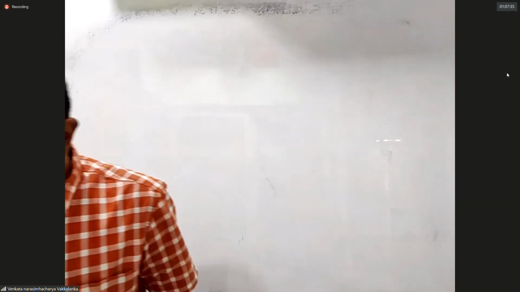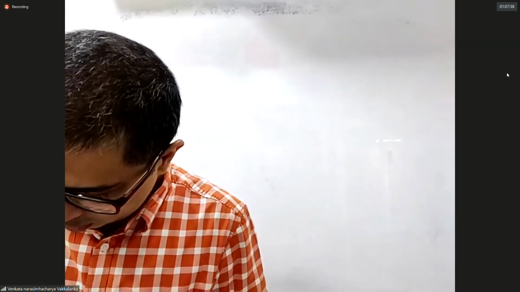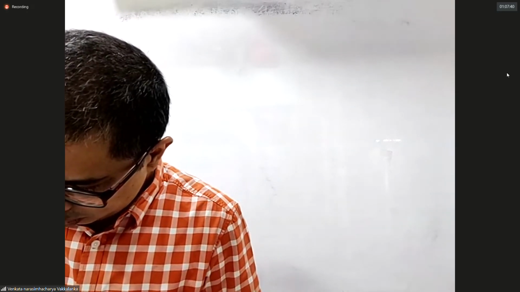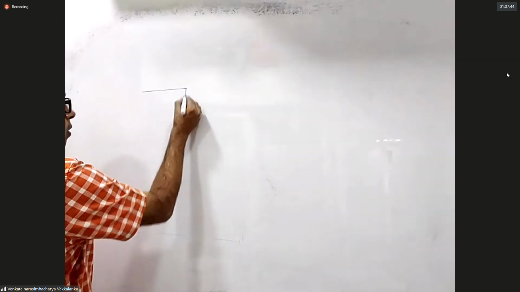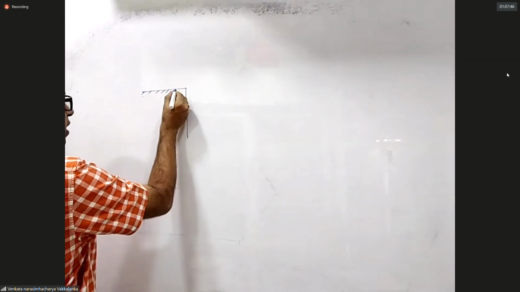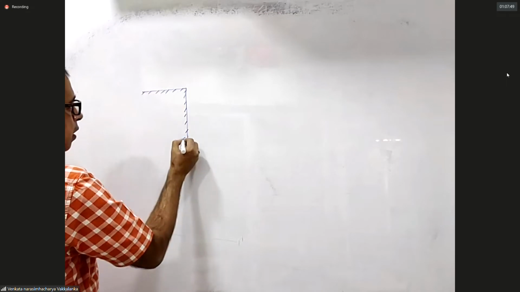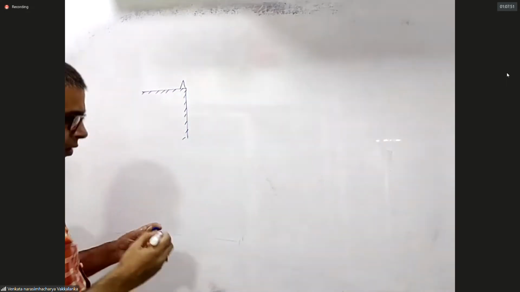Okay. Now just for practice, I'll put it this way. This is a table with a peg on the top.